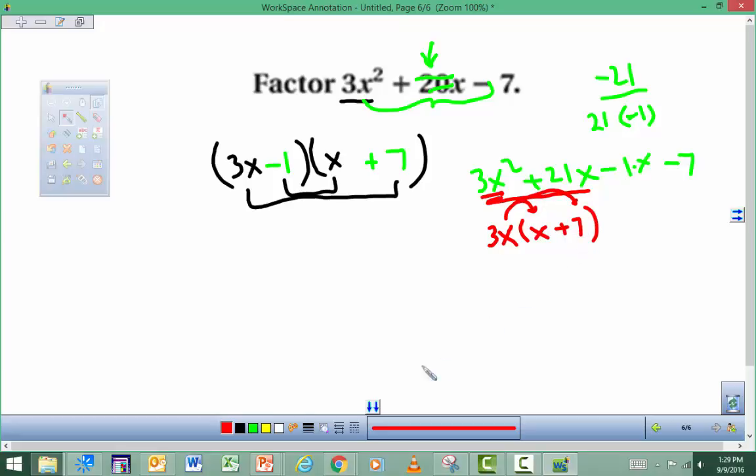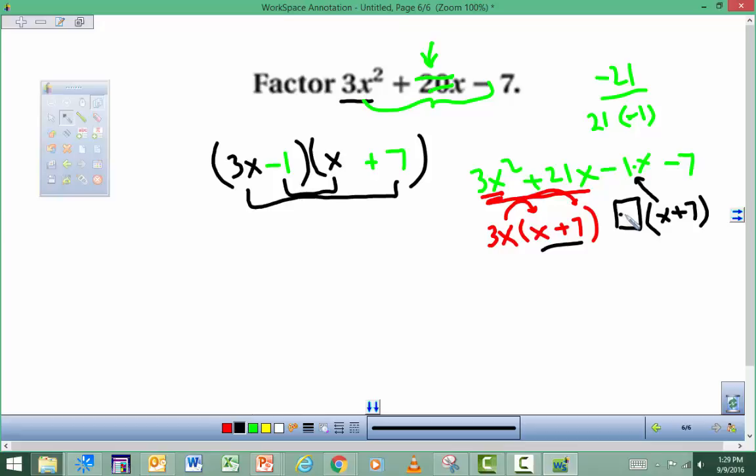Now here's where you can take a little bit of a shortcut. This factor always comes up twice. So just write it down twice. X plus 7 over here. Okay, the only thing that remains on this step is to figure out what number goes here. That's a negative 1x up there, and I have positive x. That's a positive 7, that's negative x.